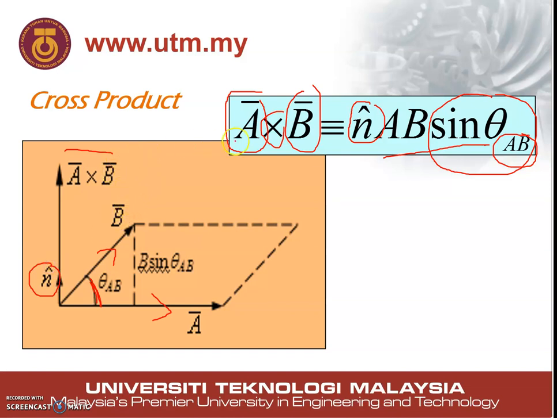So this is the cross product. The cross product of A and B is actually a unit vector normal to the plane containing the vector A and the vector B.